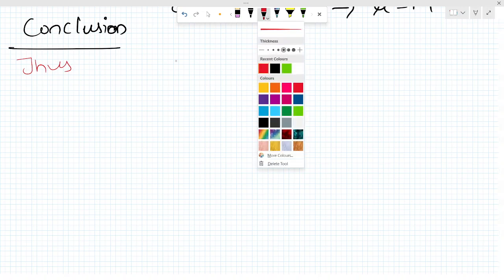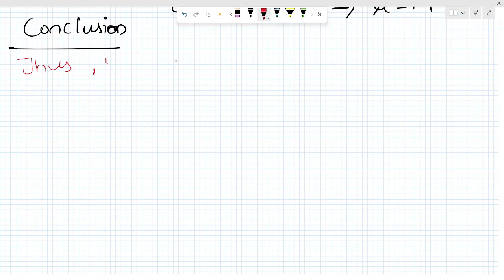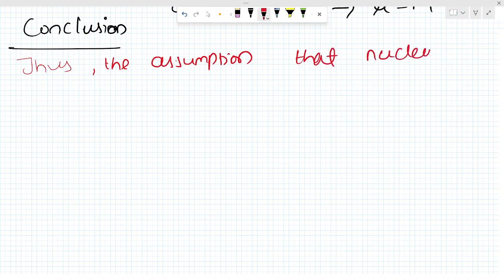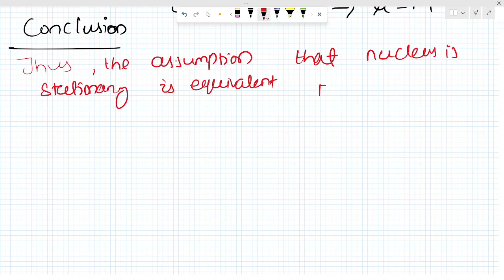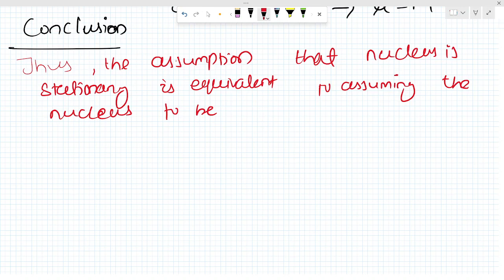Thus, the assumption that the nucleus is stationary is equivalent to assuming the nucleus to be infinitely large, or heavy, you can say.